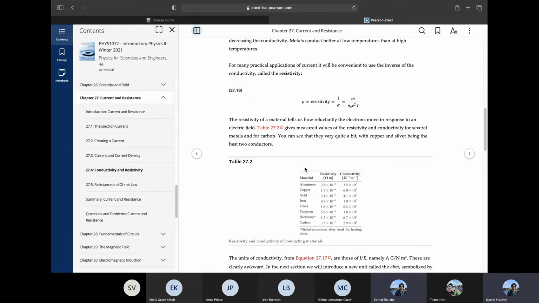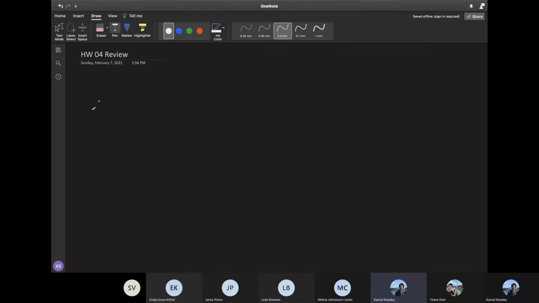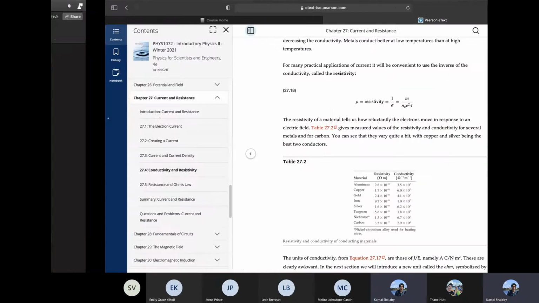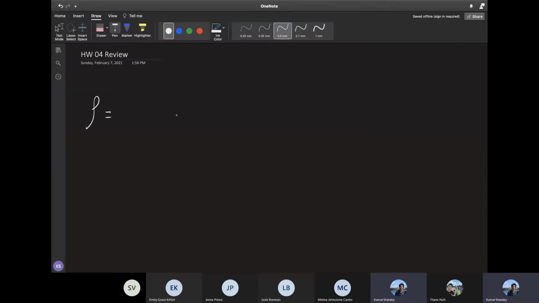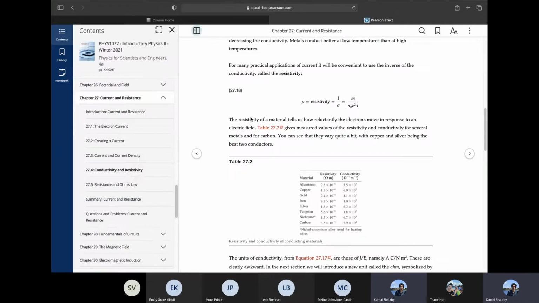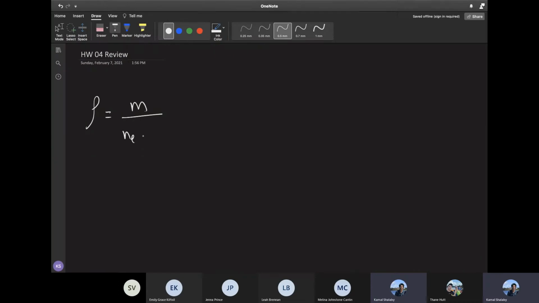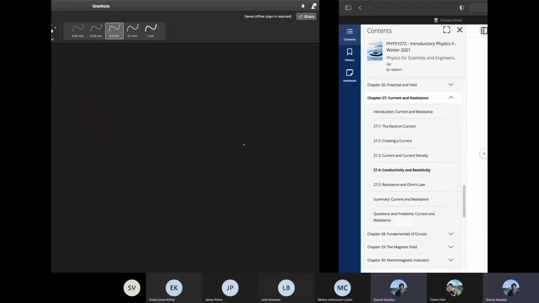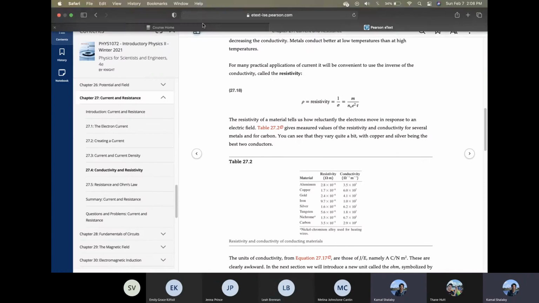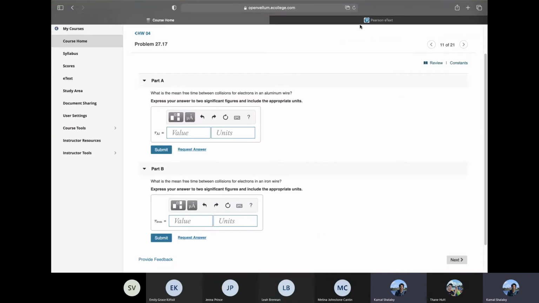So resistivity rho is equal to the mass over n e squared times tau. And what we need to find is that tau.